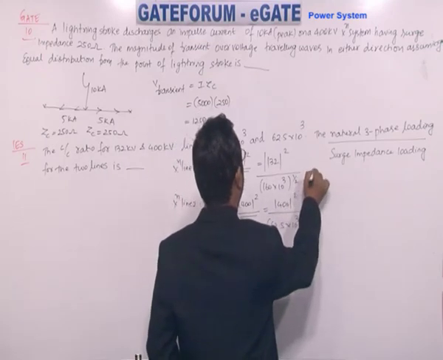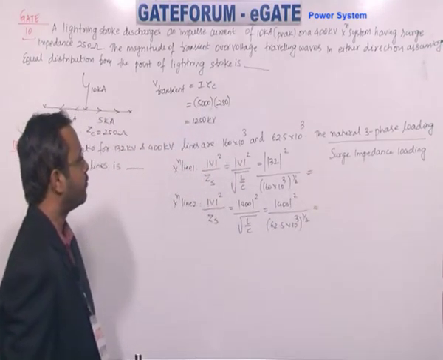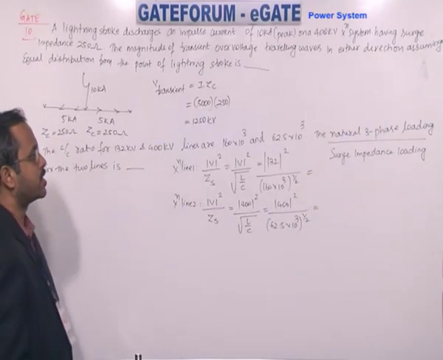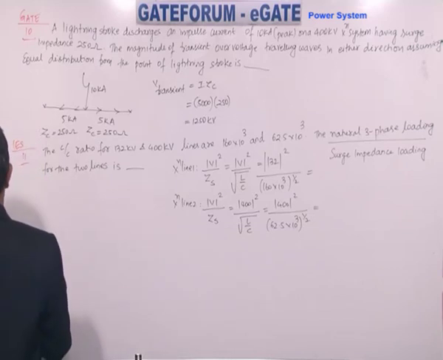So this is what you have to calculate, and find out the surge impedance loading, or the natural three-phase loading, for the two transmission lines.